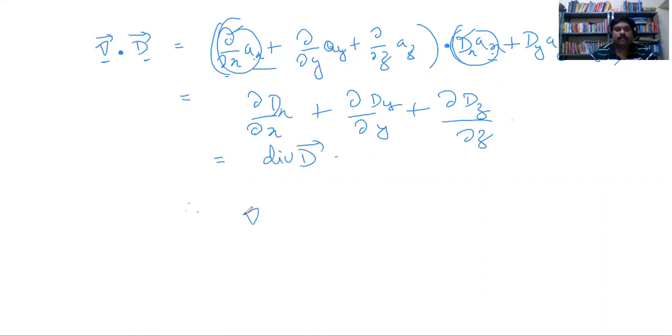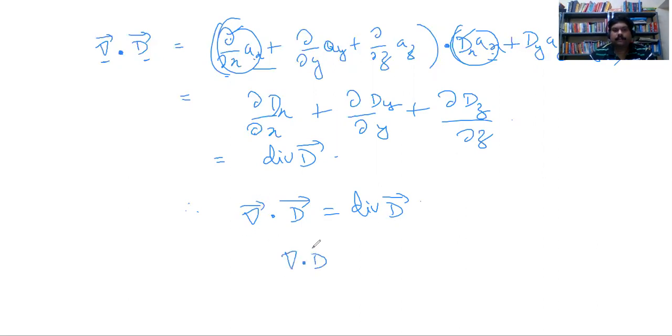Therefore, del dot D, the vector operator del dot D, is nothing but divergence of D. If I apply a dot product of the vector operator del with the flux density D, I get the divergence of D. So every time we will not write the vector operator del, we will just write divergence.